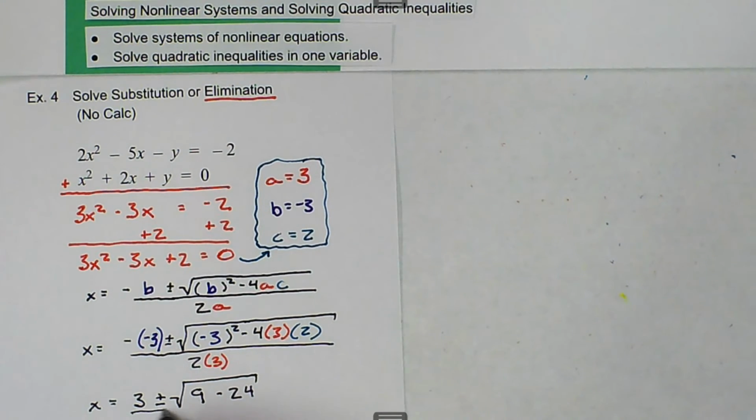And we're going to take the square root of that, and that's all divided by 6. And then when we do what's underneath the radical, we find the discriminant here, we get x equals 3 plus or minus 9 minus 24 is negative 15.